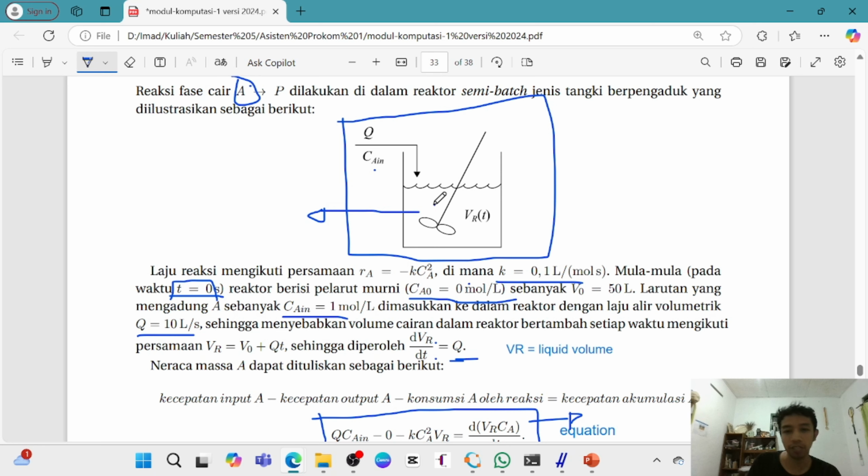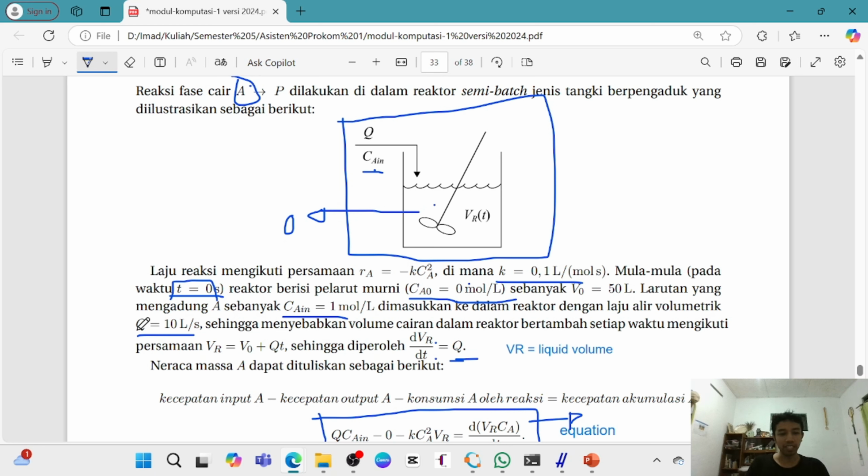Then we flow liquid into the reactor. The liquid has the concentration of A, that is concentration A in, masuk, in.